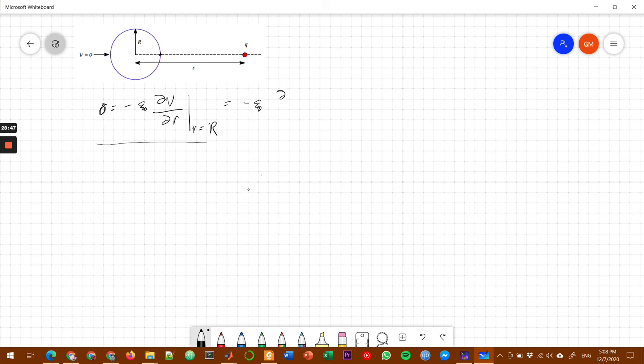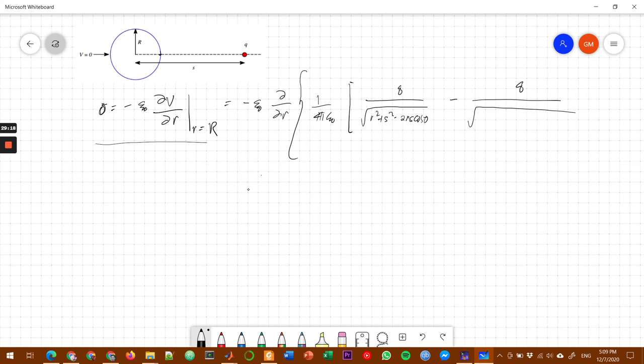So you have partial of R, and then your potential is given by this 1 over 4 pi epsilon naught. Okay, we have Q over, it's a long equation. But it's just purely mechanical. The idea is simple because you just have to take the derivative.